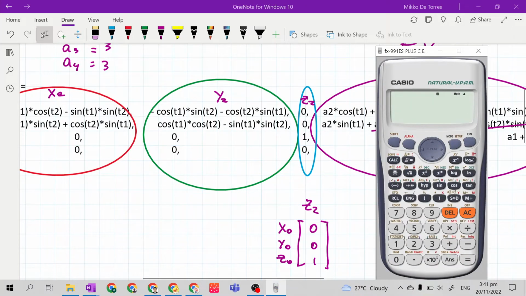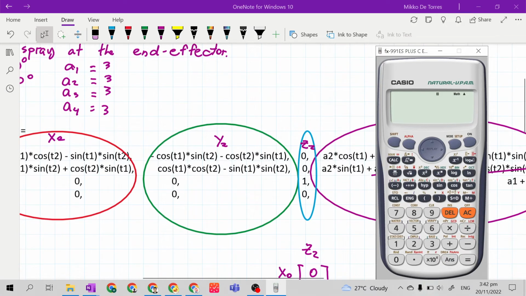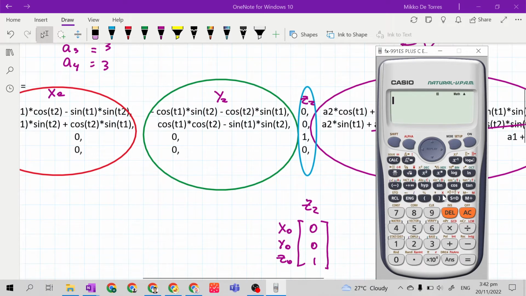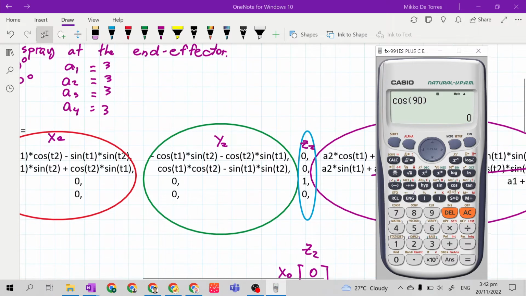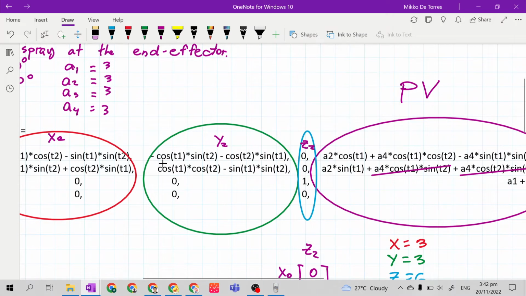substitute the joint variables. So T1 is 90 degrees, T2 is negative 90 degrees. Cosine T1 or cosine 90 is equal to 0, so this will be cancelled.